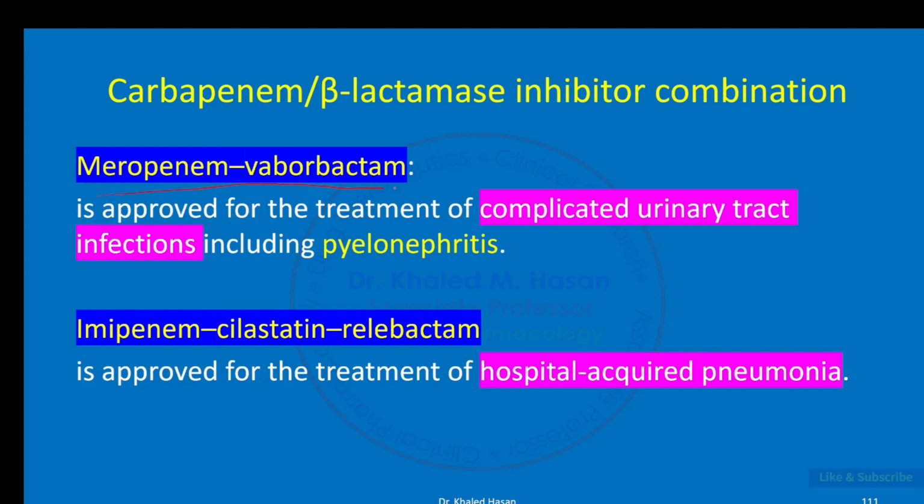For patients with, for example, pyelonephritis, we can combine imipenem, cilastatin, rilibactam for the treatment of pneumonia, especially hospital-acquired pneumonia.